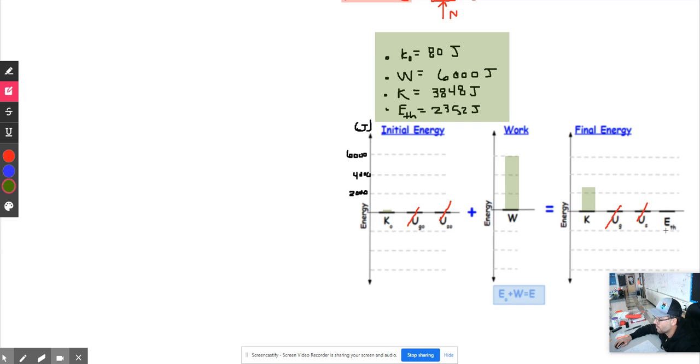And my thermal energy, oops, just kidding. That was over 3, that's almost 4,000 for that. Something like that. And my thermal energy was just over 2,000. Like this. And so you can visually see what my energy transformations were.